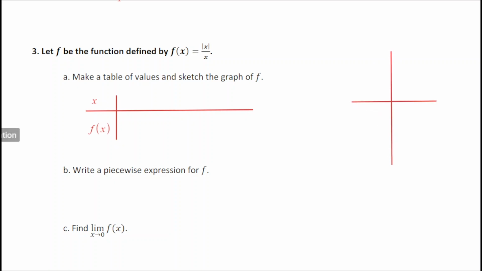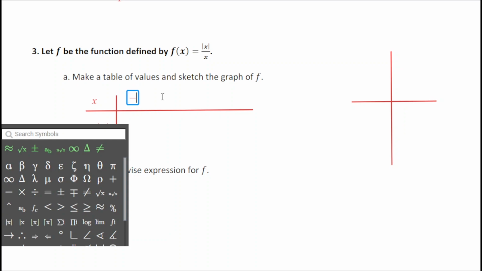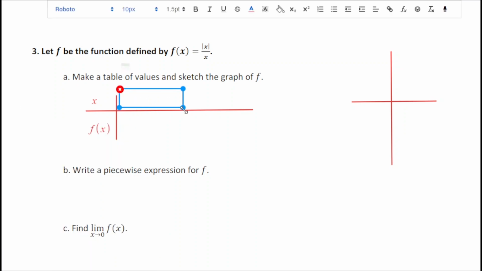As we pick numbers, and I'll just pick like -2, -1, 0, 1, 2, let's see what this thing is going to actually equal. If we substitute these numbers in, it won't take too long for you to figure out what's happening here.